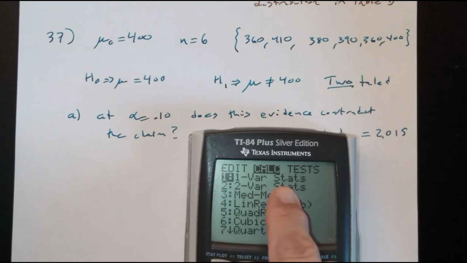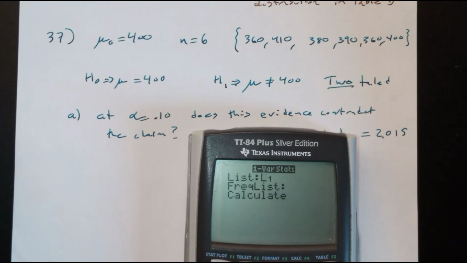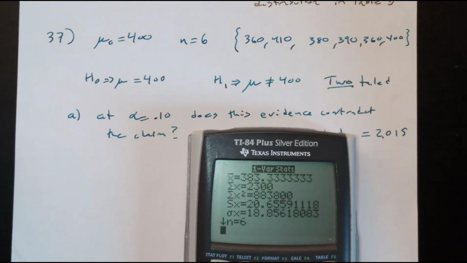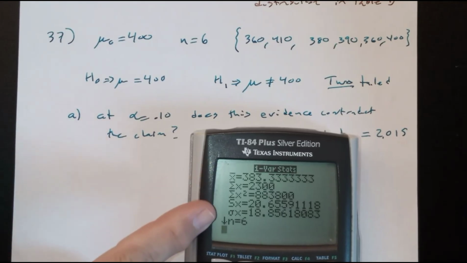The descriptive statistics is the one variable statistics for that list. There's my average. There's my standard deviation. 383.3, 20.66. Remember, I'm using the sample standard deviation, not the population standard deviation.